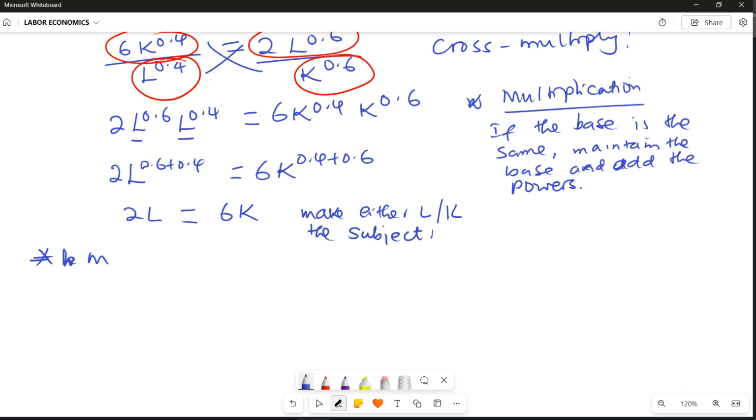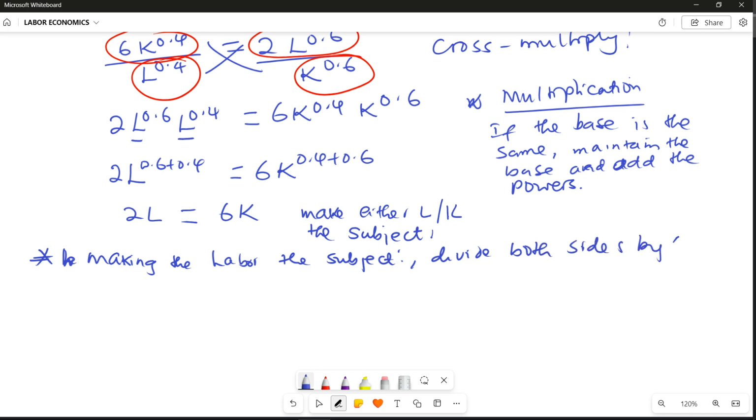We know that you have to divide both sides by 2. Since I've got 2L is equal to 6K, when we divide by 2 on both sides, the 2's cancel on the left, then our L is going to be 3K. Why? Because 2 into 6 is 3 times.